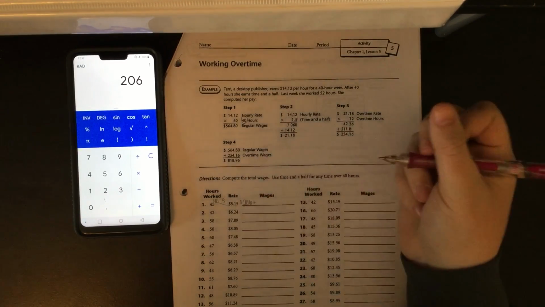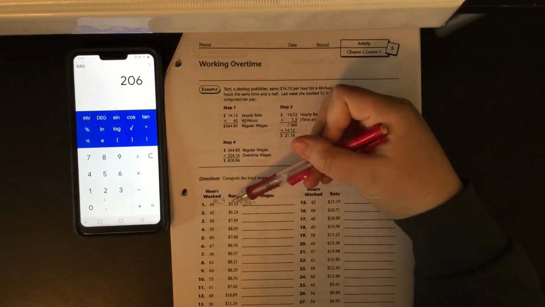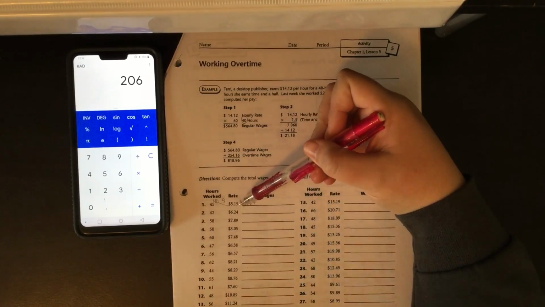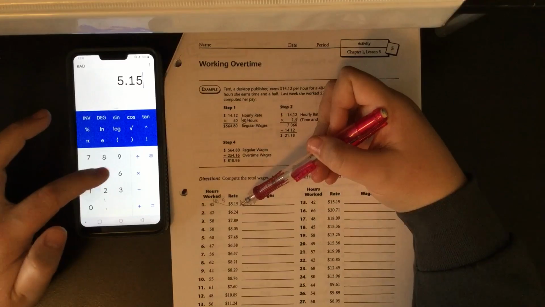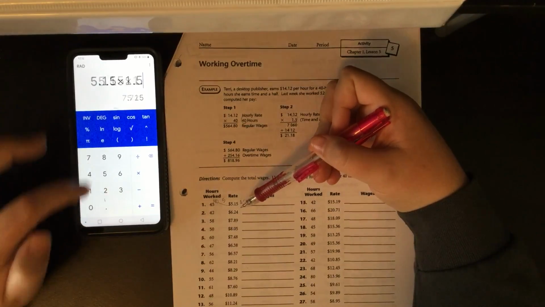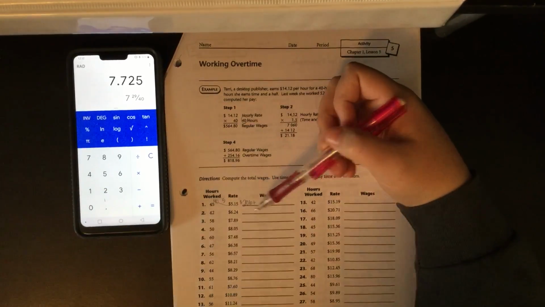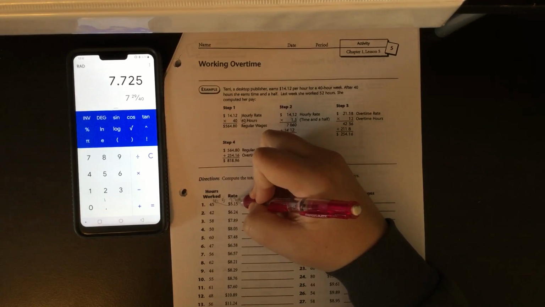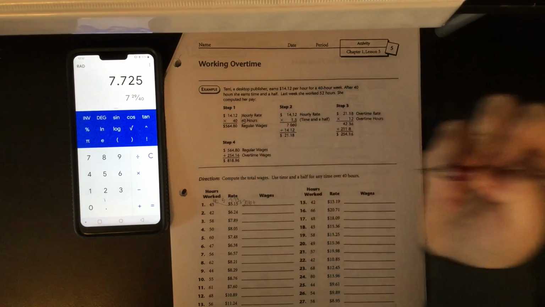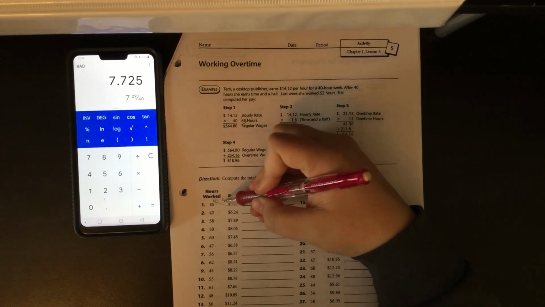We're going to have to add that in with our overtime. Now our overtime is going to be time and a half. So if I have $5.15, I want to find the time and a half for that. For my overtime, I'm earning $7.73, and I'm doing that for 5 hours.